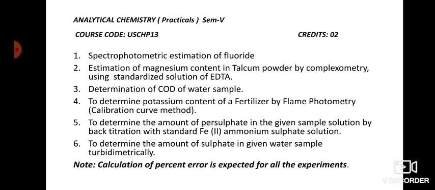That means a total of 3 are non-instrumental practicals and the remaining 3 are instrumental practicals. Important note for this practical course: in each experiment we are going to calculate the percentage error. Okay, so this is about the practicals.